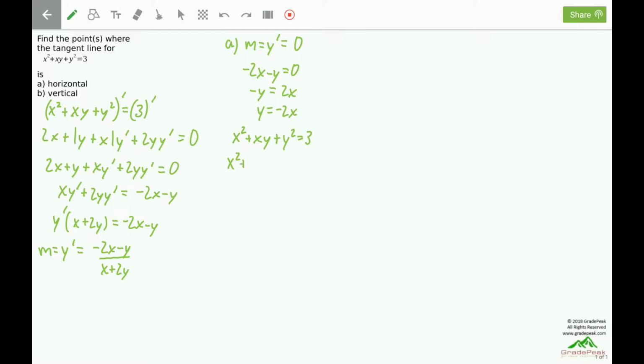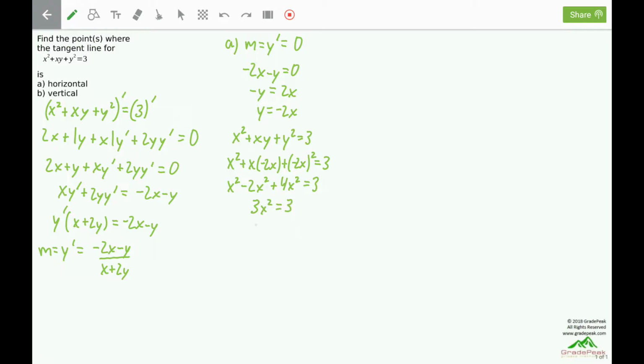So we'll have x squared plus x times negative 2x plus a negative 2x squared equals 3, which will give us x squared. x times a negative 2x will be a negative 2x squared. And then a negative 2 squared is a 4, and an x squared equals that 3. We can combine all the terms on the left together.